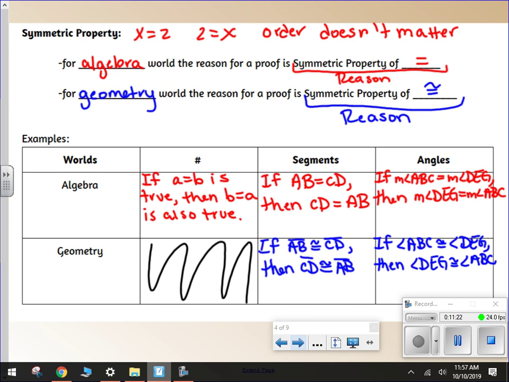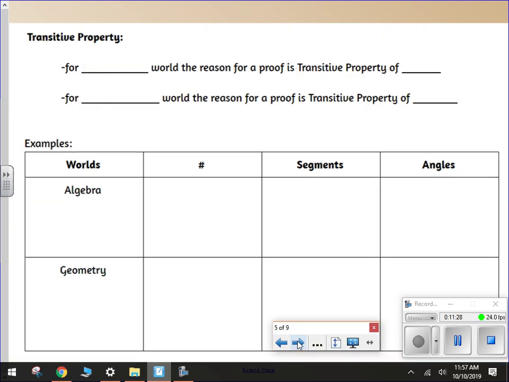All right, transitive property. This one takes a little explanation, so I'm going to wait until we have some examples to show you what it is. But for the algebra world, again, we're using this as our reason if we're going to apply the transitive property. And because it's the algebra world, it's going to have the equals.